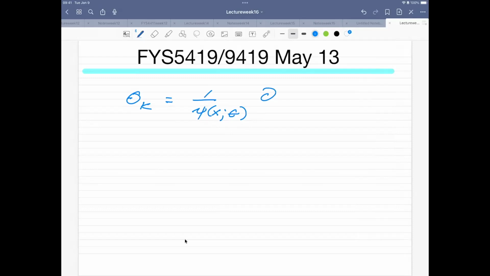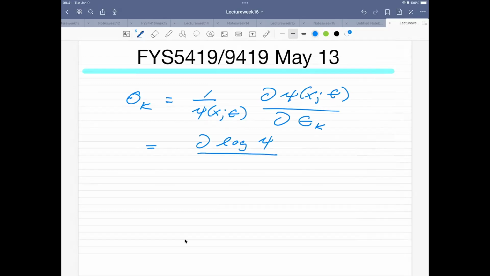And then we had the derivative of psi as a function of the optimal parameters, and the derivative with respect to the parameter theta. And this is something which we could write out as the log of psi. And now I'm going to skip some of the notations here. I will skip the x and the theta dependence of the theta k here.